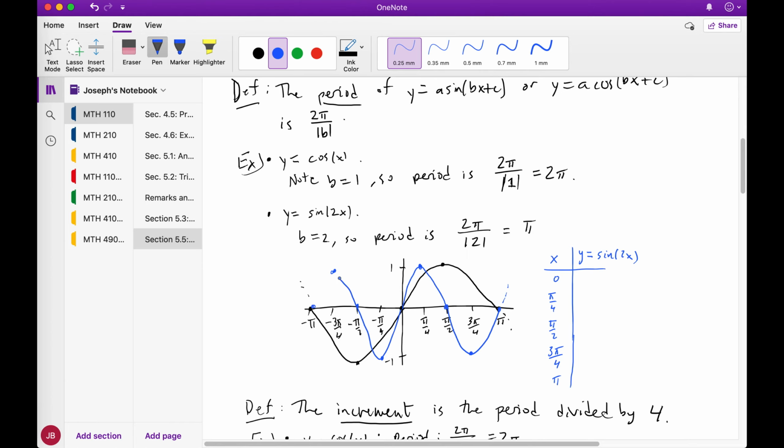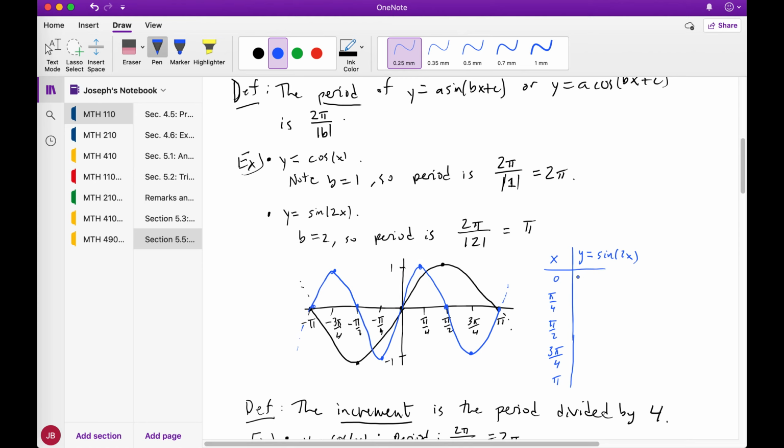And we see that, look at the graph of sine versus the graph of sine of 2x. So sine of x achieves a value of 1 at pi over 2, whereas at pi over 4, sine of 2x achieves a value of 1.